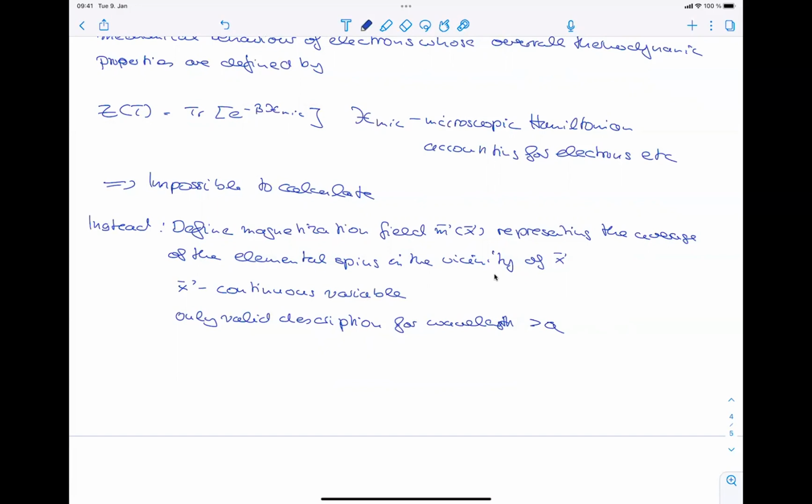And so just formally, I can preserve the partition function and write Z of T, which is defined by the microscopic Hamiltonian of the system as a function of T.